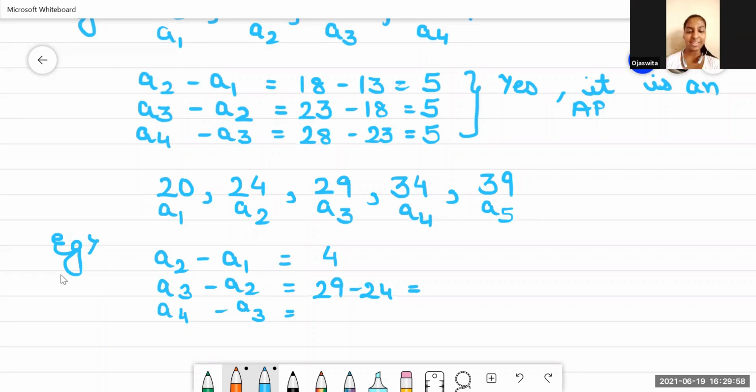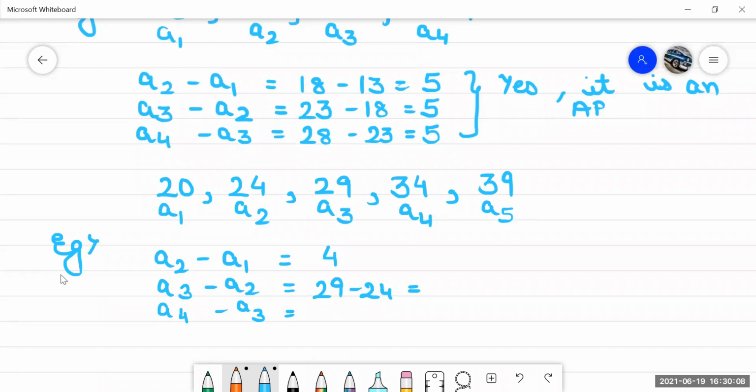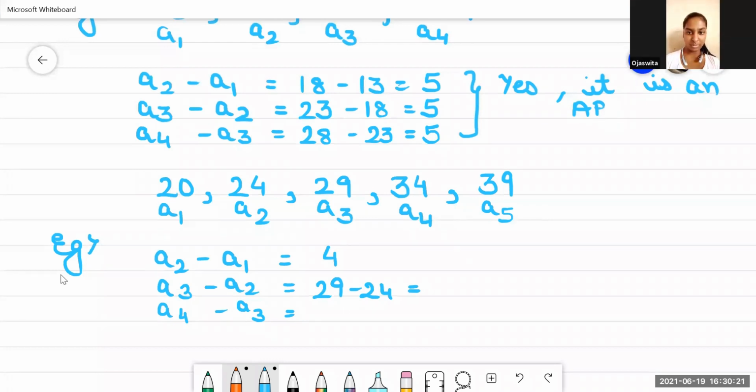Sorry, what is the question? The question is the next two numbers, A2 and A3. When we subtract them, what are you going to get? 29 and 24. What do we get on subtracting them? Quite simple. 5. Correct. 5.